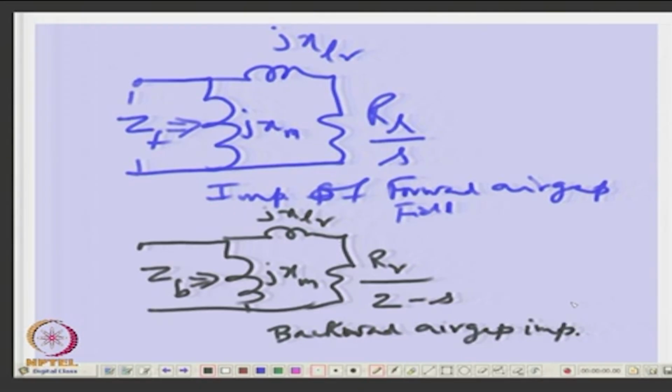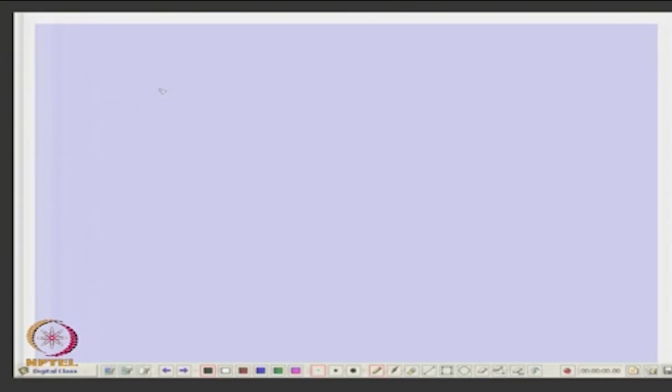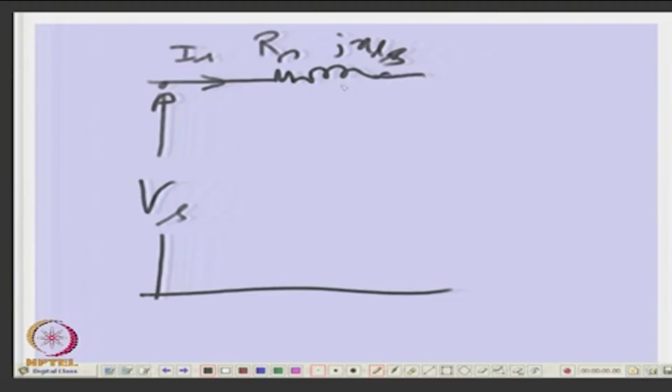So, if this is how you assume, what will the actual circuit be now? Let us say Vs, Is, Rs plus JXLS. What do you have here now in the equivalent circuit? What do you write instead of ZF?